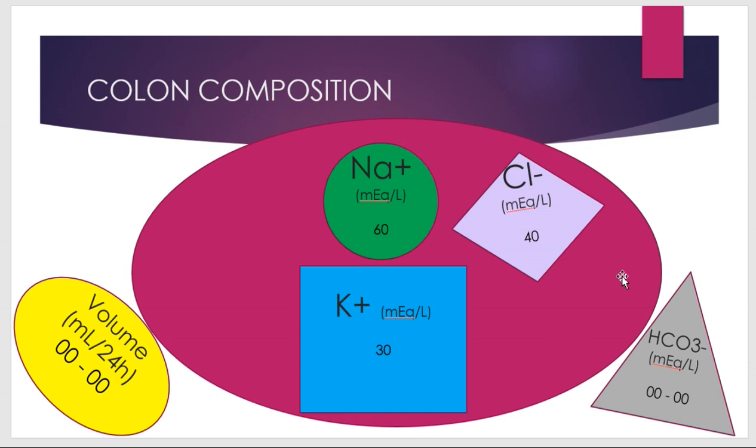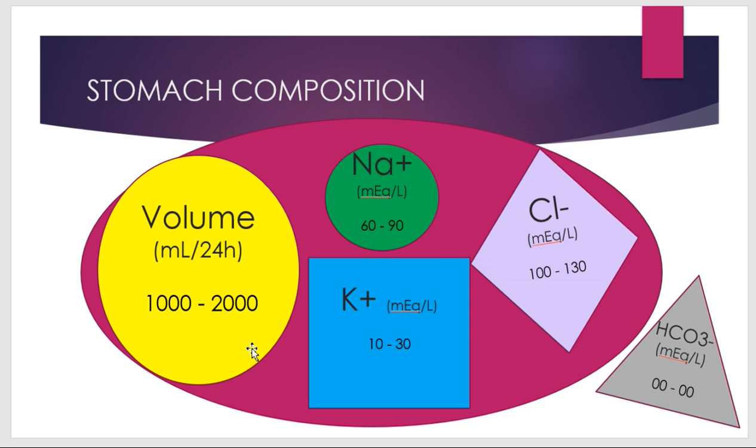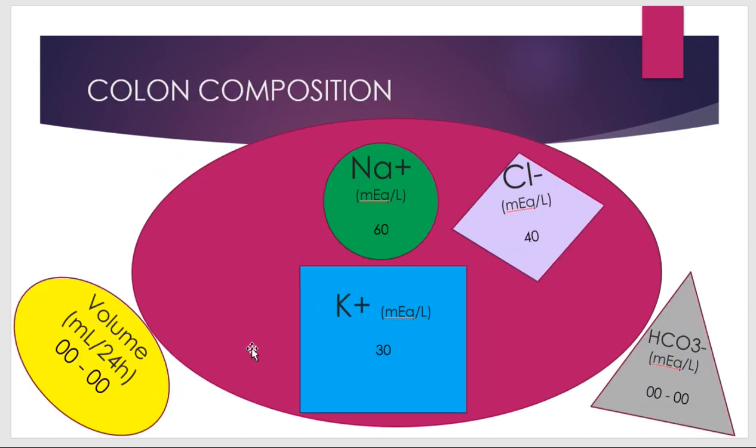Finally, the colon, the fluid composition present in the colon. The volume: not being secreted anything, so 0 from colon. The only three important things present in this oval window in colonic fluid: sodium, again decreased as compared to small intestine, almost equal to gastric secretion.